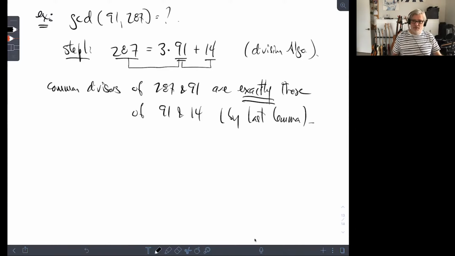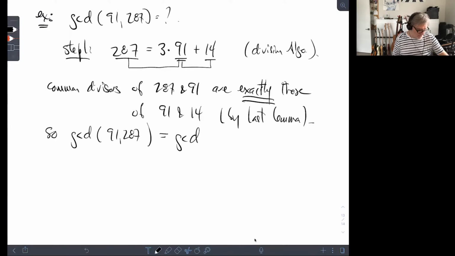So if I'm looking for the GCD of 287 and 91, it's the same as looking for the GCD of 91 and 14. So I forget about 287 and work with 14 and 91. They're smaller numbers. I'm happy, right? So what do I do? Repeat.